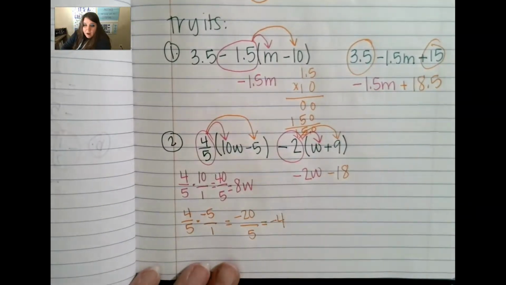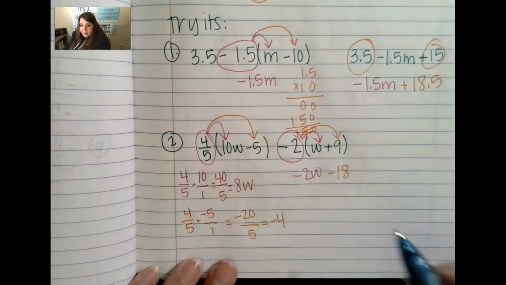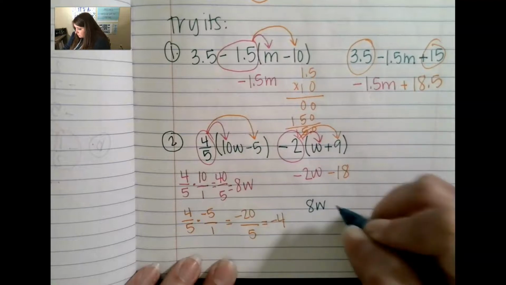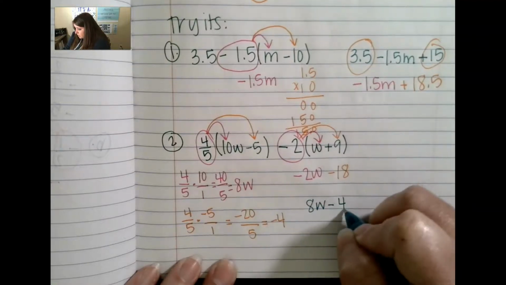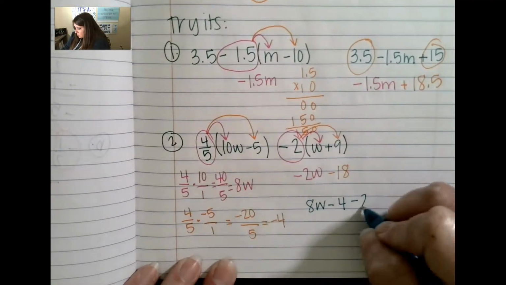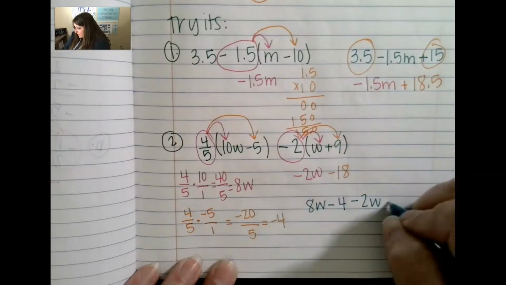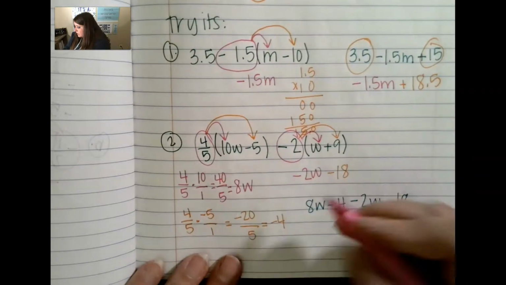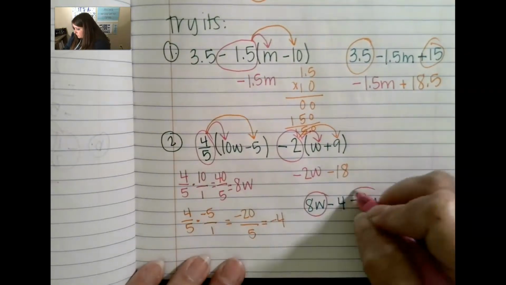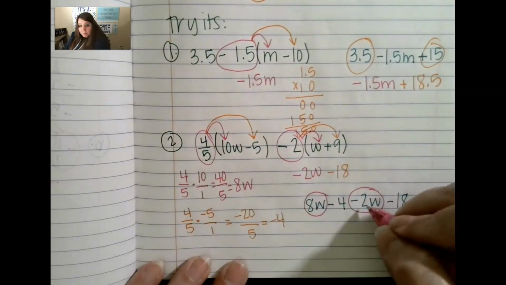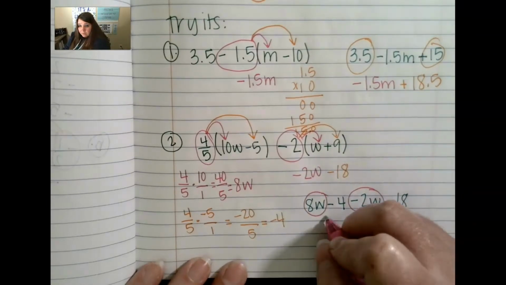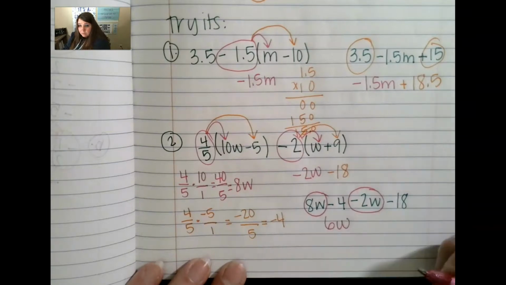Okay, now I am ready to put this problem back together. So I had 8w first, minus 4. Now I have minus 2w, minus 18. All right, here are the things that need to go together. W's. 8w minus 2w gives me 6w's.